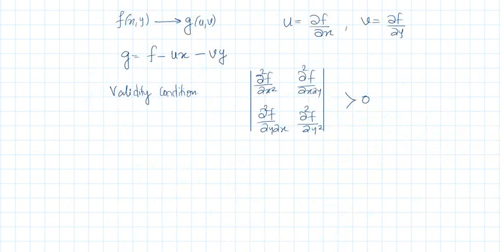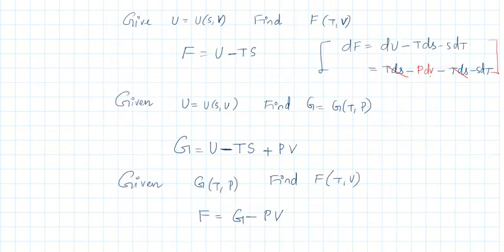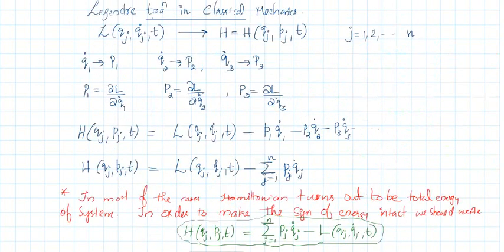F of x, y to g of u, v: the Legendre transformation is possible if u is dou f by dou x and v is dou f by dou y. In a similar manner, you have here p1 is dou L by dou q1 dot, p2 is dou L by dou q2 dot, and so on. Therefore, you can write Hamiltonian is equal to Lagrangian minus p1 q1 dot minus p2 q2 dot minus p3 q3 dot, like that up to pn qn dot.